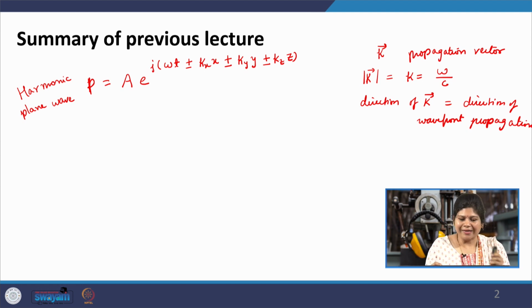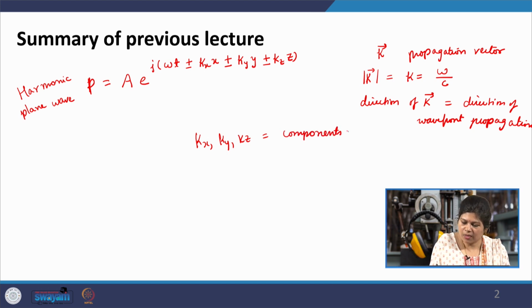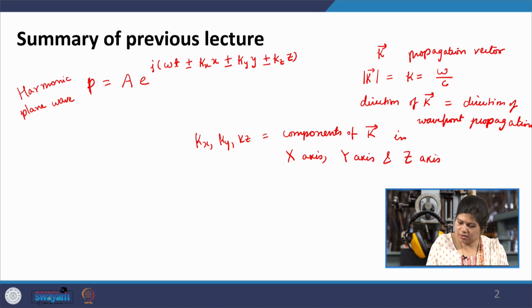Here kx, ky and kz become simply the components of the propagation vector k in the x axis, y axis and z axis respectively.